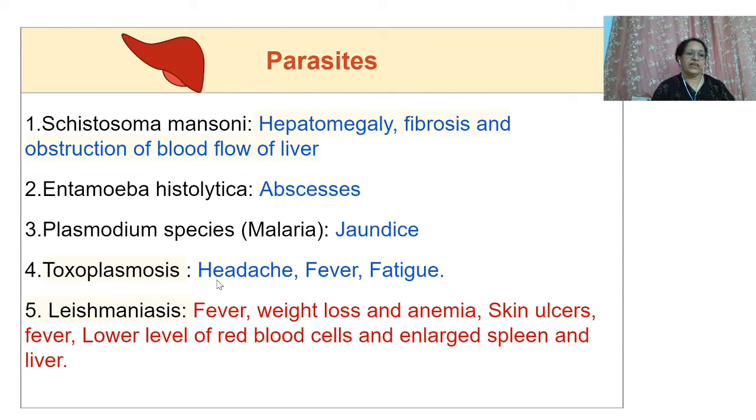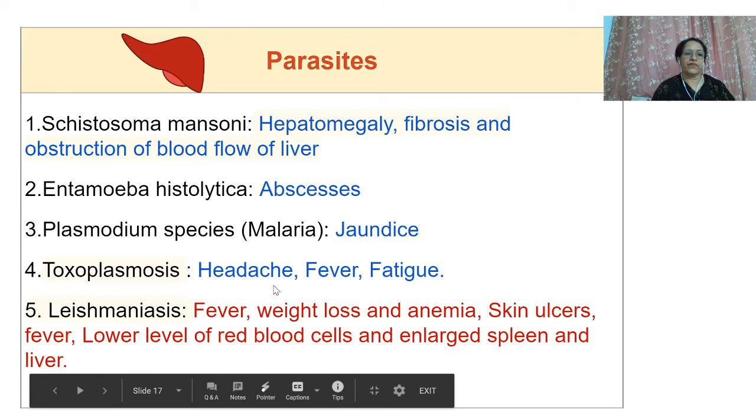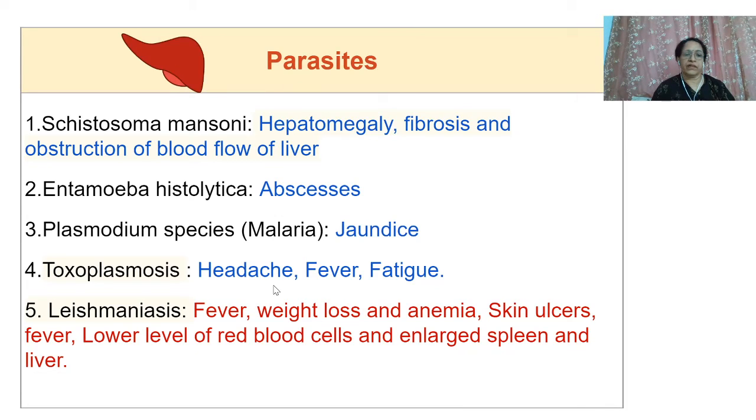Leishmania donovani is the causative agent, and upon involvement of Leishmania donovani in liver infection, there is fever, weight loss, and anemia, as well as skin ulcers, fever, lower level of red blood cells, and an enlarged spleen as well as liver. So this is about various parasites which infect the liver.